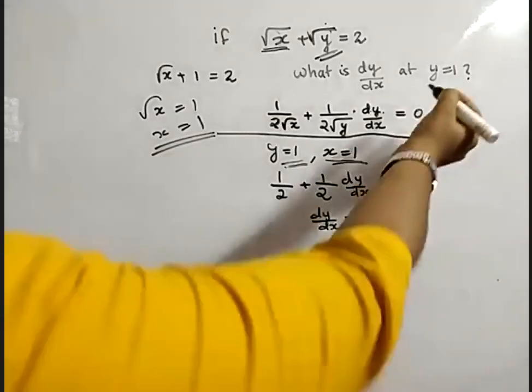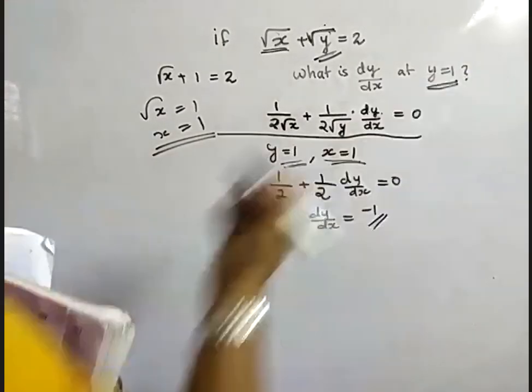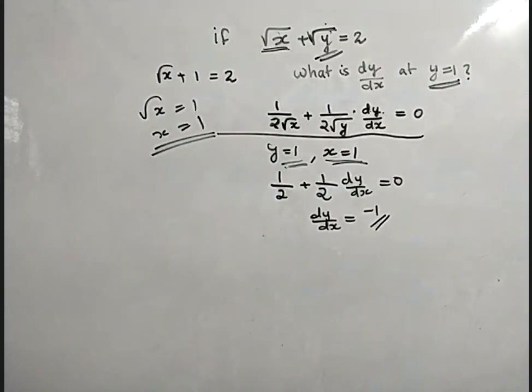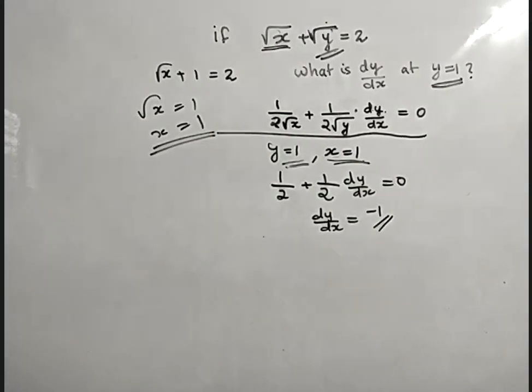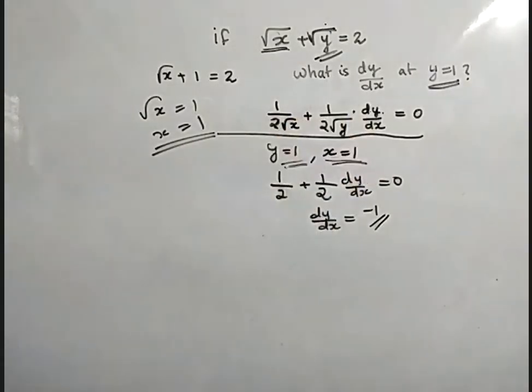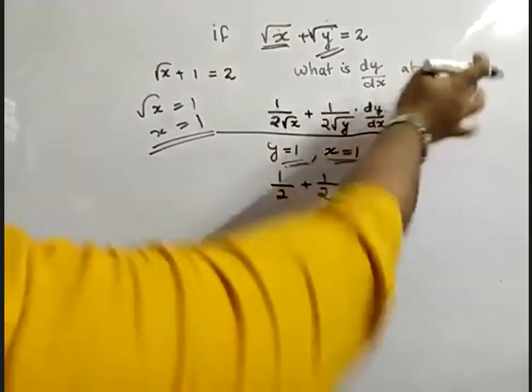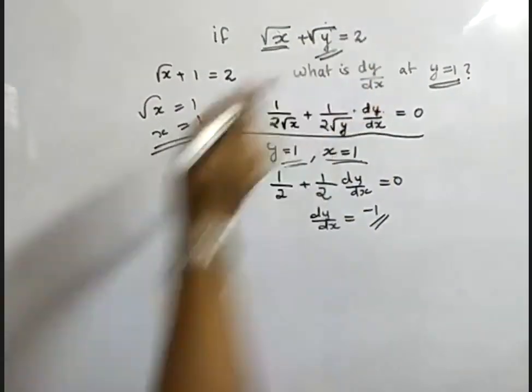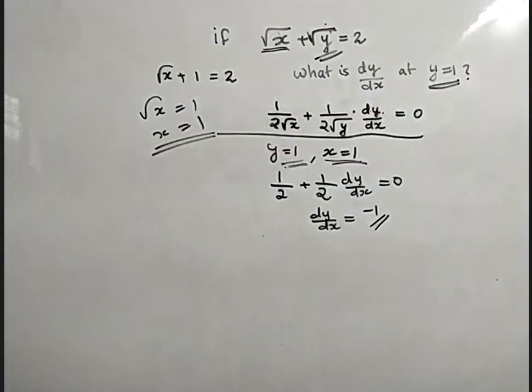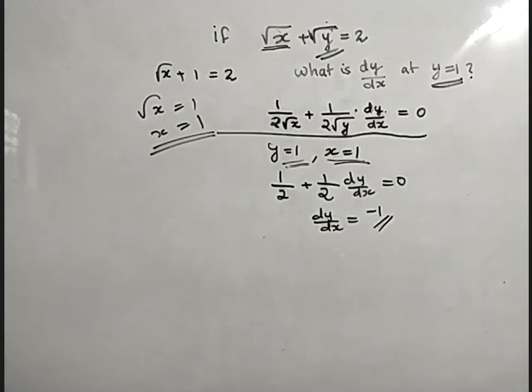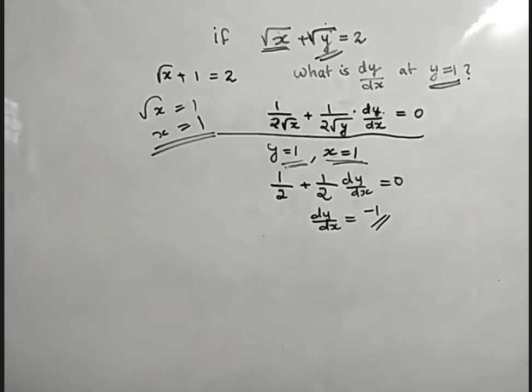Yeah, they are asking at y equal to 1, what is dy by dx. So here we have x and y now. We can substitute y here, but x we need to find out from the first equation. Okay, ma'am. Understood.